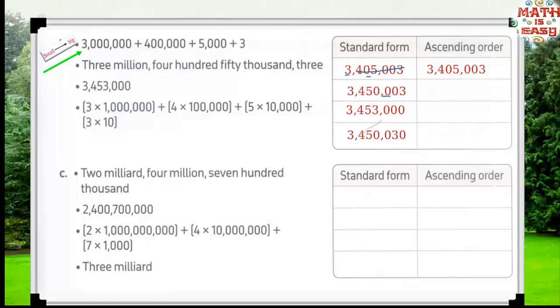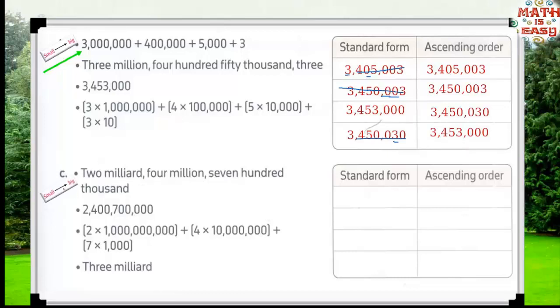So we will compare the second number and the last number. Here we have 0 and here 0. We have in the tens place 0, but here we have 3. 0 is less than 3. This is the second number, and this is the third number, and 3,453,000 is the biggest number.